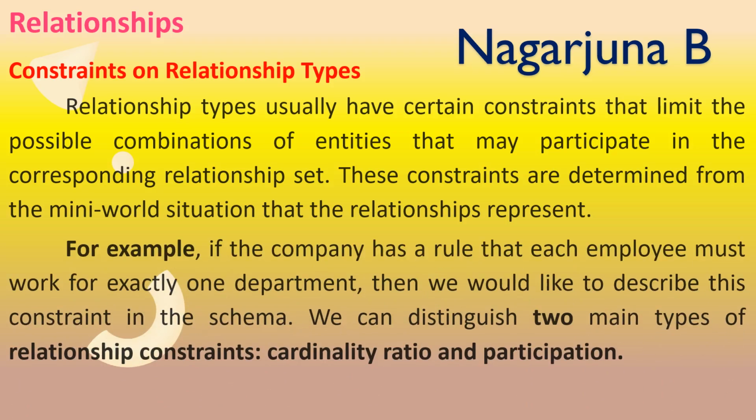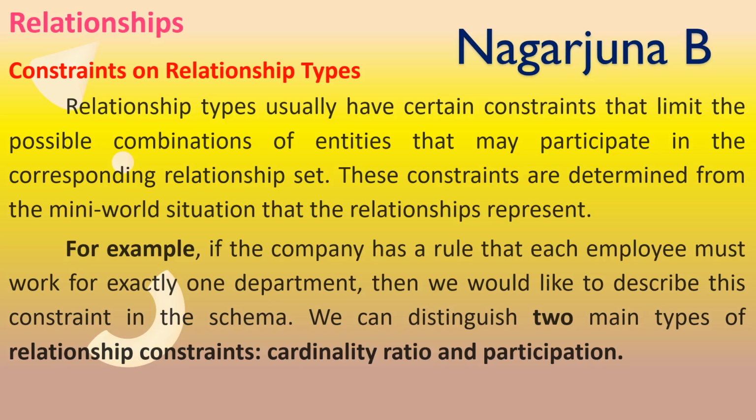For example, if a company has a rule that each employee must work for exactly one department, then this is a constraint, and we would like to describe this constraint in the schema.